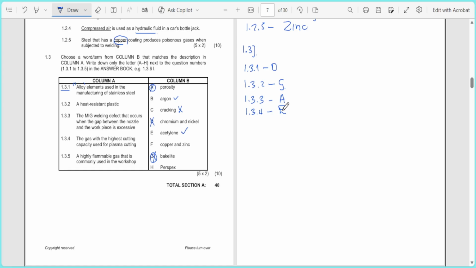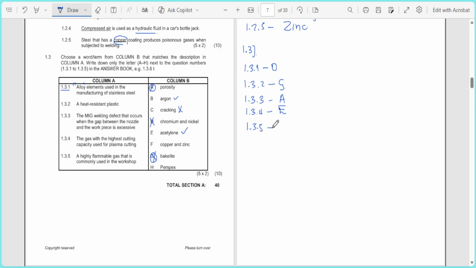So acetylene cutting, this is the high temperature. Now, this high temperature actually allows the rapid cutting, unlike plasma cutting. So the answer should be E.